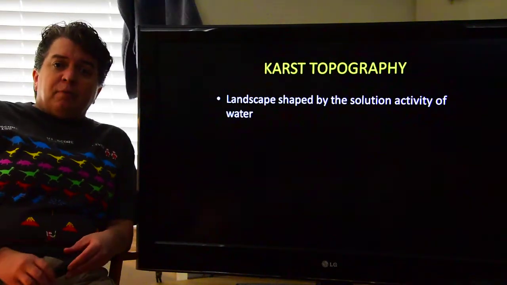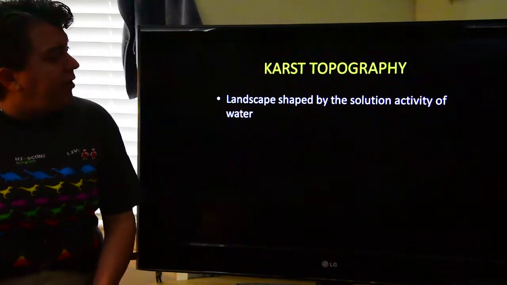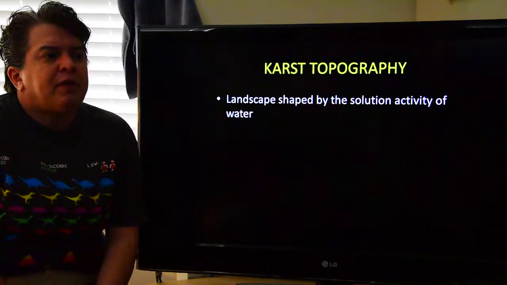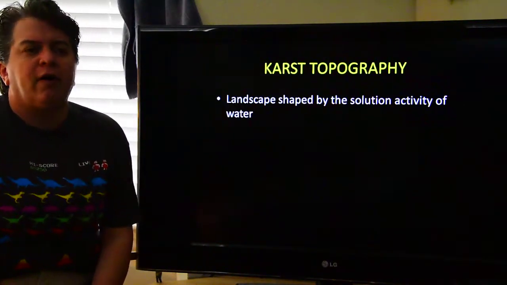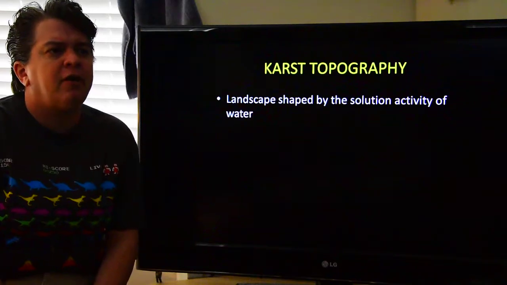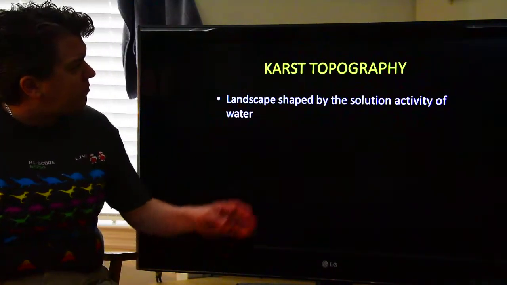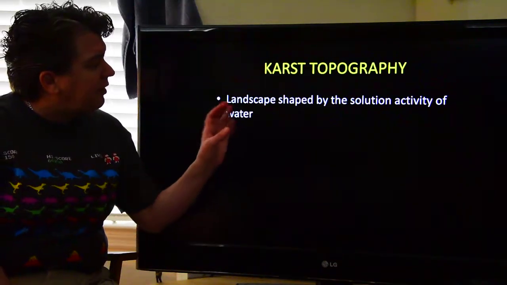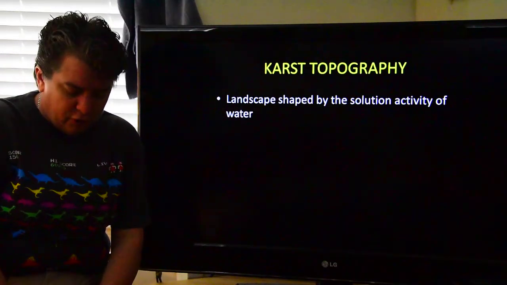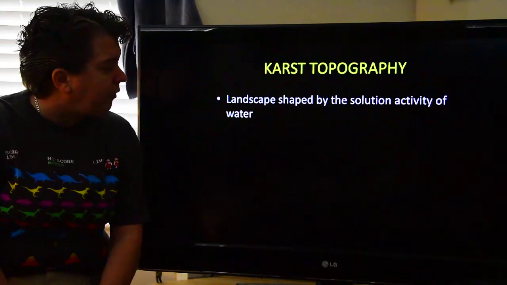All right, karst topography is another interesting thing that occurs because of groundwater. It's both a hazard and it also creates some very beautiful landscapes. Karst topography is a landscape shaped by the solution activity of groundwater.